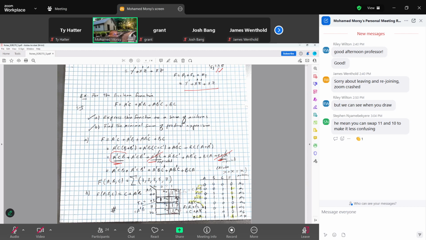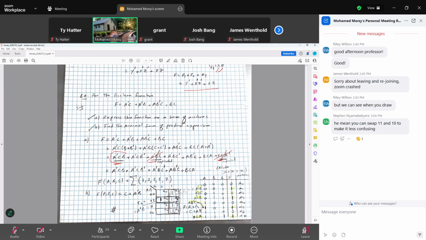Okay. Now the next step, we need to minimize. So we draw the Karnaugh map. Again, the standard Karnaugh map for 3 variables. Then we fill out the minterms: M1 is 1, M2 is 1, M3 is 1, and so on.